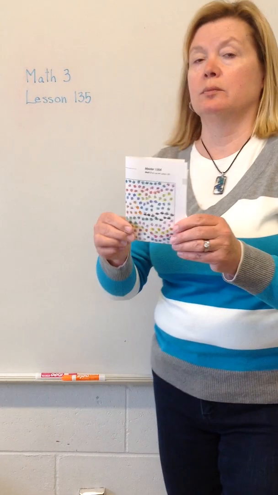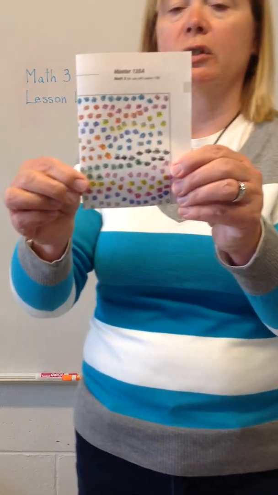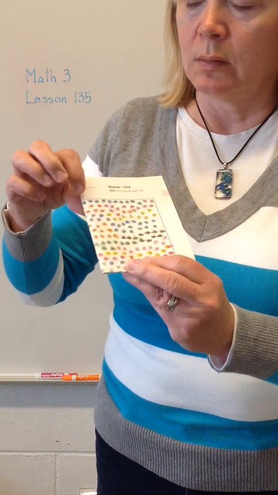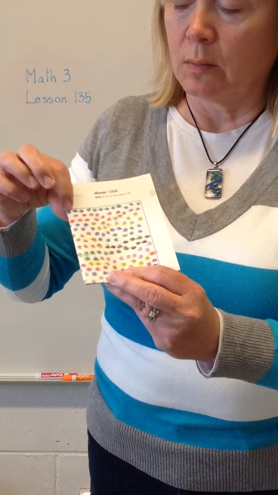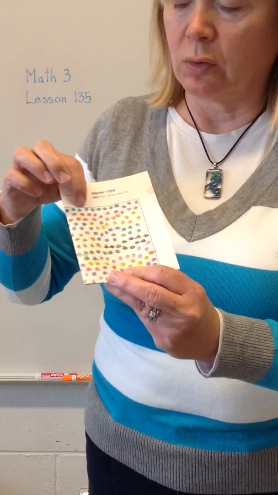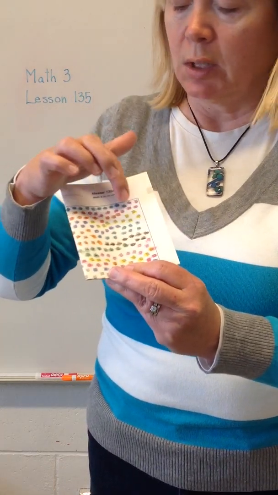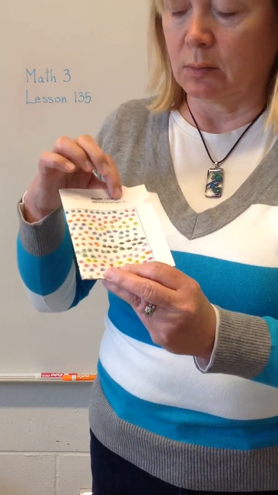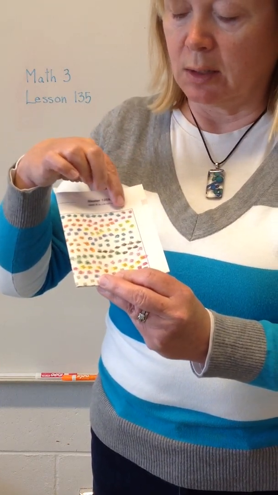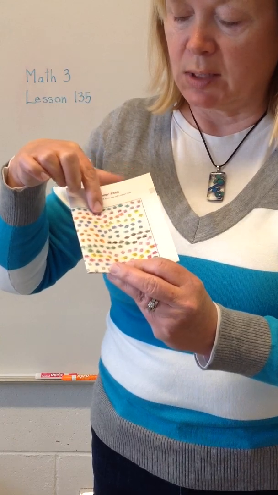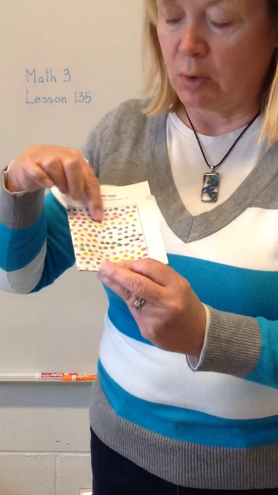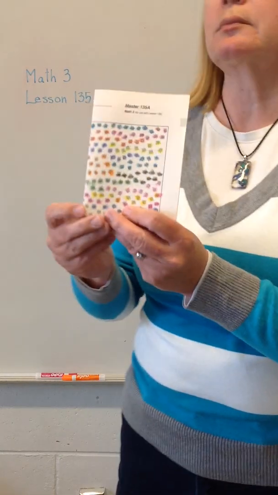I got one ready. I'll hold it a little bit closer. So you can see that up here, I just counted 1, 2, 3, 4, 5, 6, 7, 8, 9, 10, and I colored them in as I counted. I colored those in teal. Then I just kept going, did 10 in pink, 10 in orange, and I just kept going.